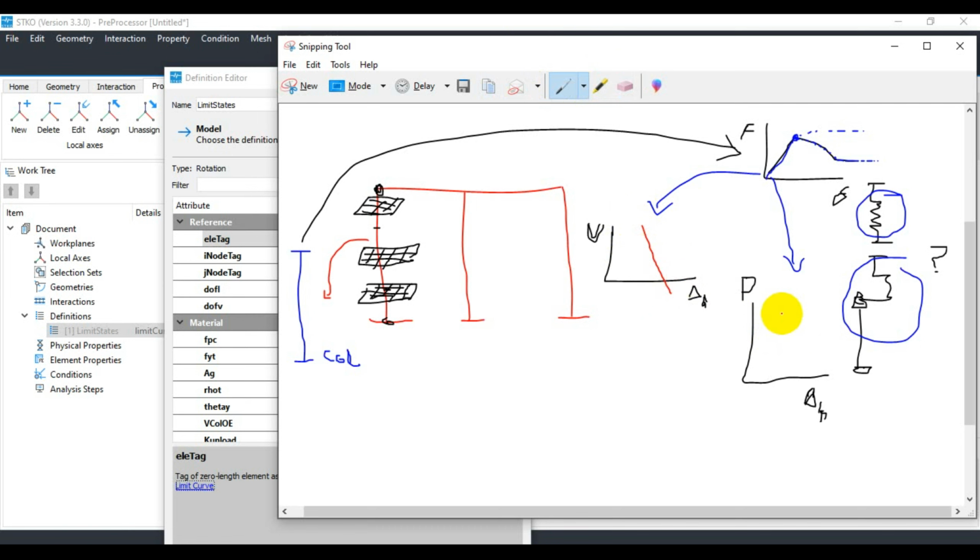Similarly, if the axial limit is going to cross this region, trigger the warning and reduce its capacity. So this is the main concept here.